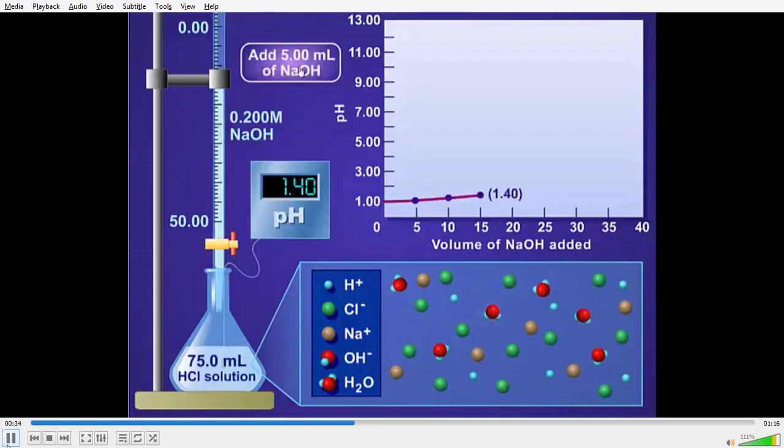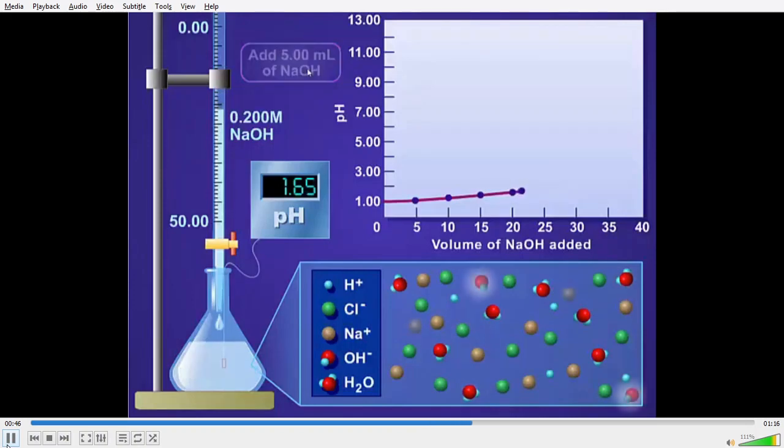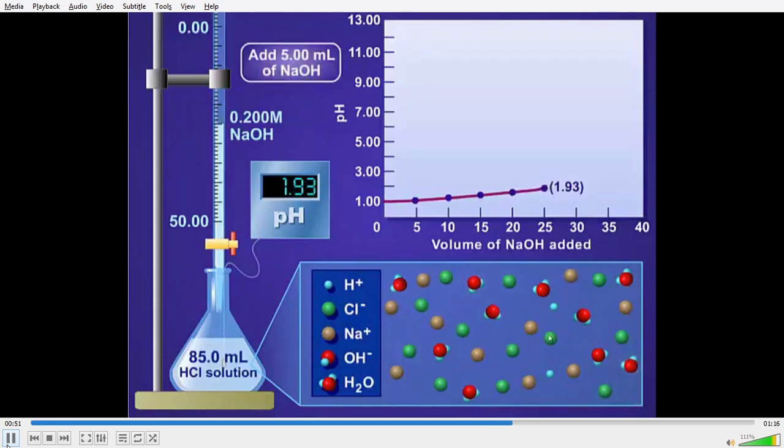As a strong base like sodium hydroxide is added, it consumes the H plus ions, so the pH rises gradually, and you can see that the OH minus ions abstract the H plus ions to form the water molecule in this molecular view.